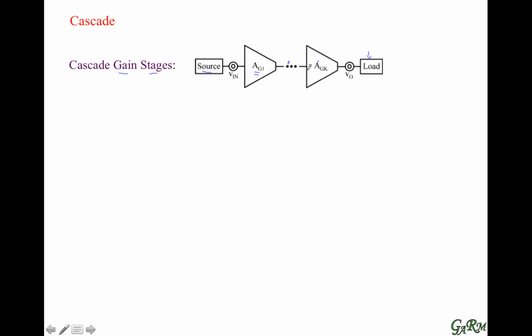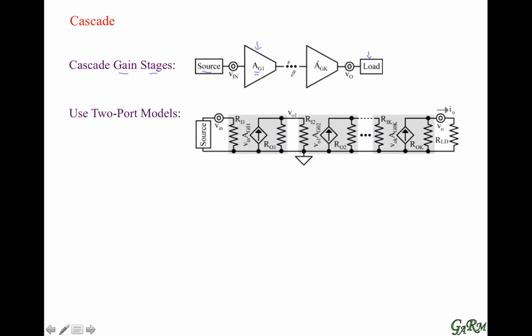So what we'll do to analyze this is that we'll replace each of these gain stages with its equivalent two-port network. Again, here we have the source, and that feeds our first transistor amplifier that has an equivalent input resistance, short circuit transconductance gain, and an equivalent output resistance.